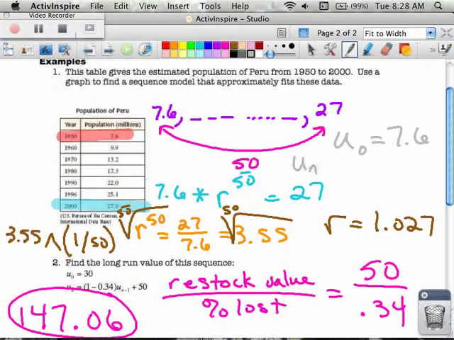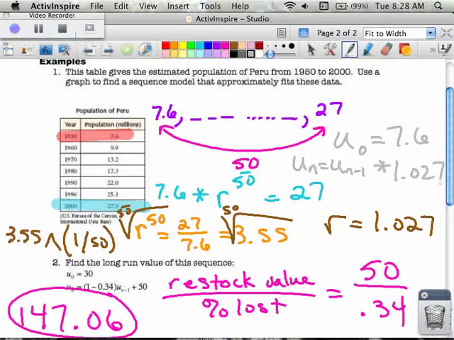And my Un will be the Un minus 1 times 1.027. That means every year I go up, I'm going up by 1.027 million people. And the most difficult thing to find in this problem is, what is my rate, so I know what to multiply by.